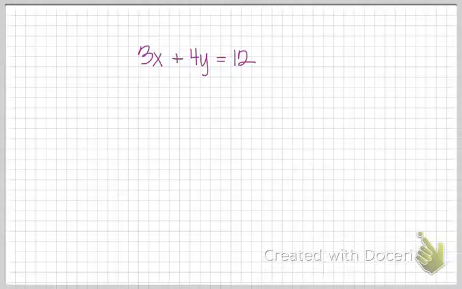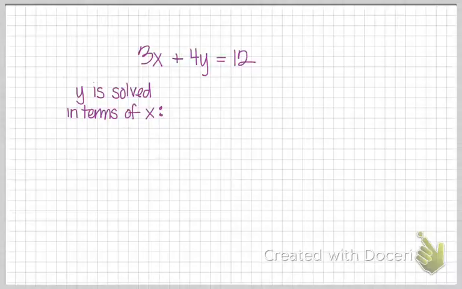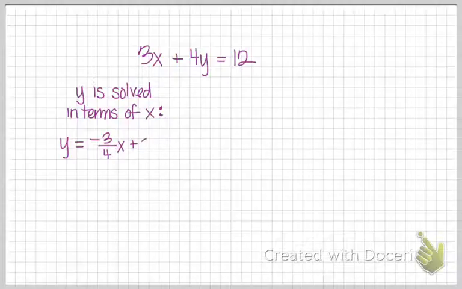This is a literal equation. If I were to write this equation so that y is solved in terms of x, we would want it to look like this. The way this would look, and I'll show you how to get here in just a second, but the correct answer would be y is equal to negative 3/4 x plus 3.